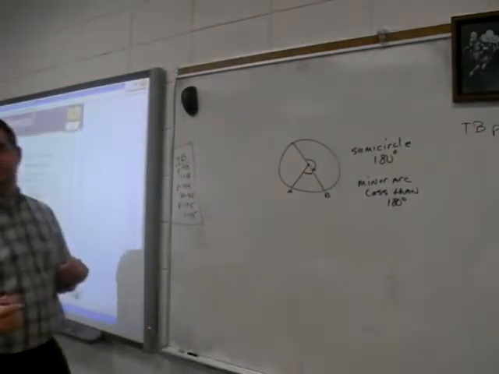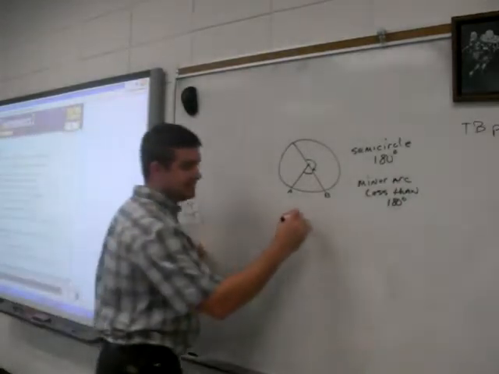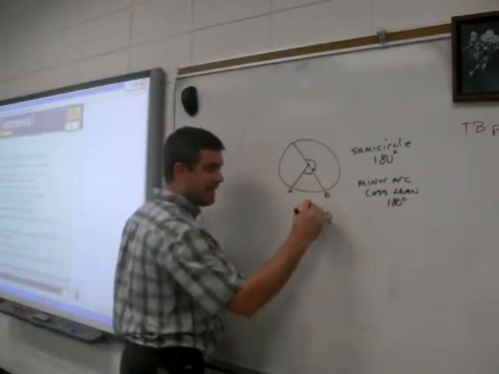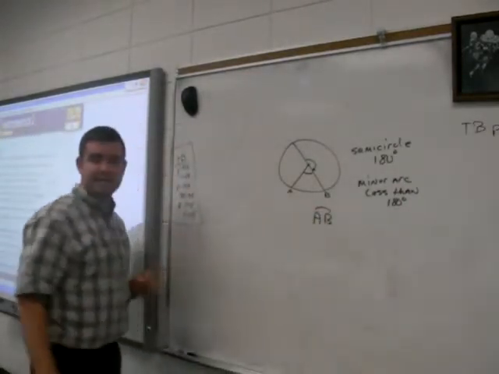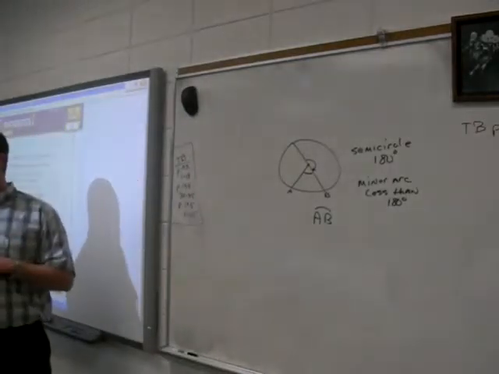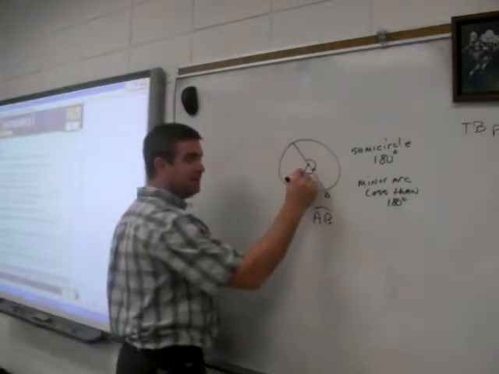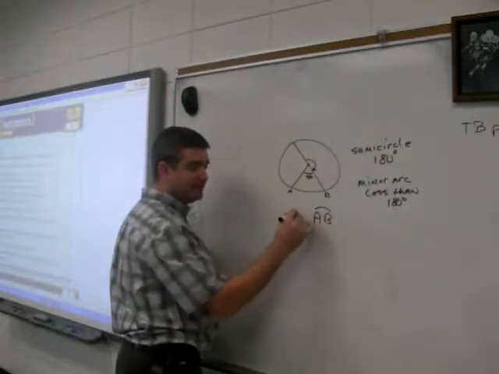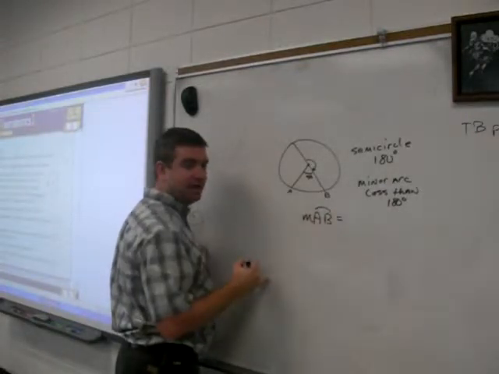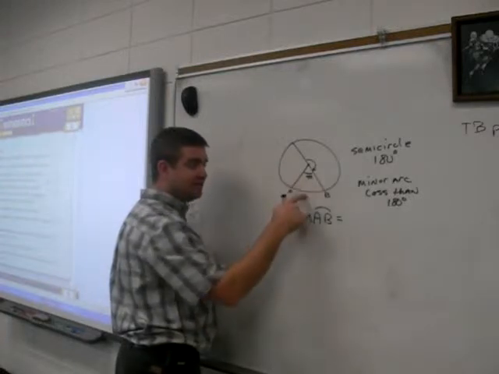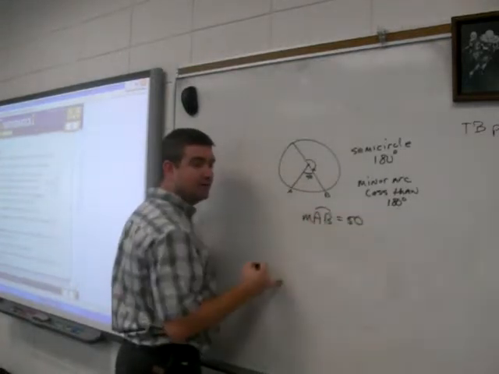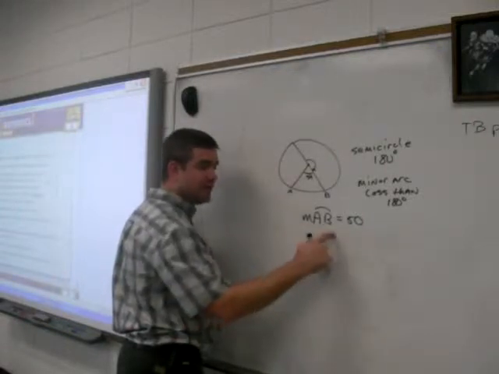The way you write this is AB, and it could have an arc over it like that. That's how you write arc AB. If I gave a measurement here and I said that this was 50 degrees and I asked what is the measurement of arc AB, if the central angle is 50, then the arc has to be 50. And that would be 50 degrees. Okay? So that's kind of some notation.